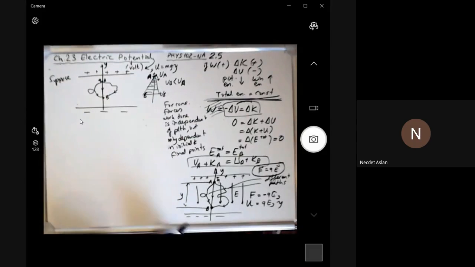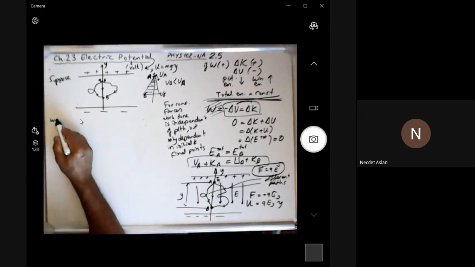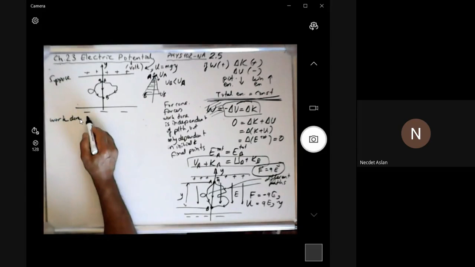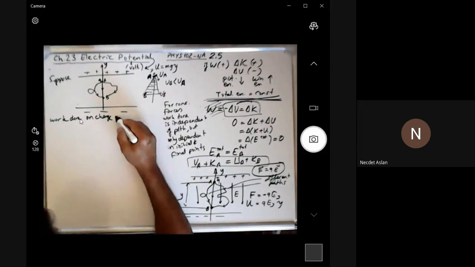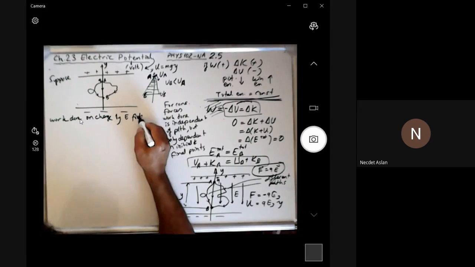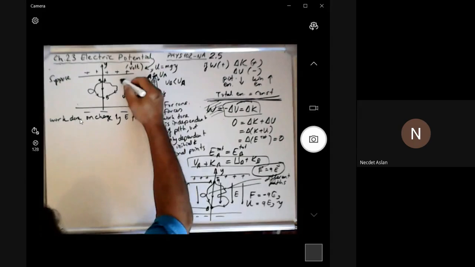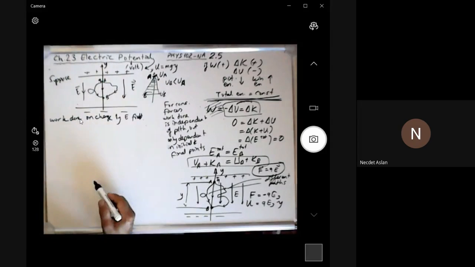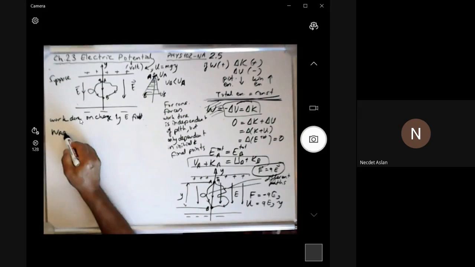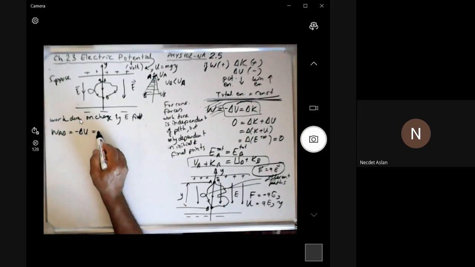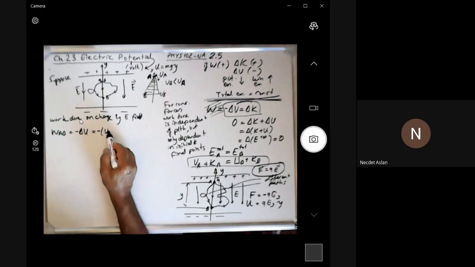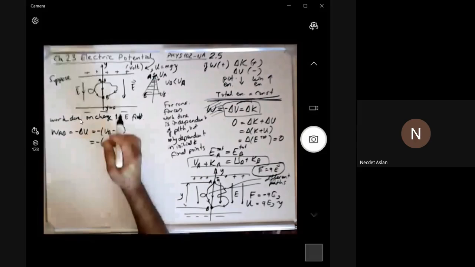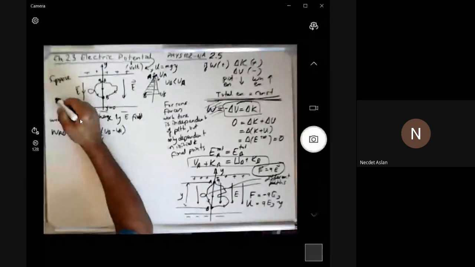Work done on the charge by the electric field, of course the electric field is in this direction, always from plus to minus, is given by minus delta U, which is equal to minus UB minus UA. Here it is positive, and it is QE times y.